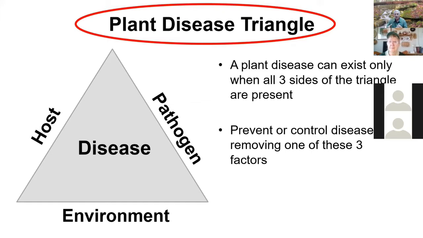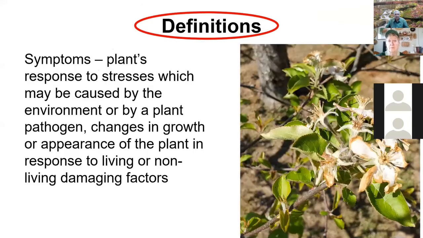Most times I tell homeowners really don't ever consider trying to eliminate all pathogens, because that's really impossible. Now, we can easily eliminate the host, but we probably wouldn't have any fruit or vegetables or landscape plants if we did that. And obviously, we can alter the environment, but understand any time that we have disease problems in our home landscape, gardens, orchards, we have to have that disease triangle and all three of those factors coming together.